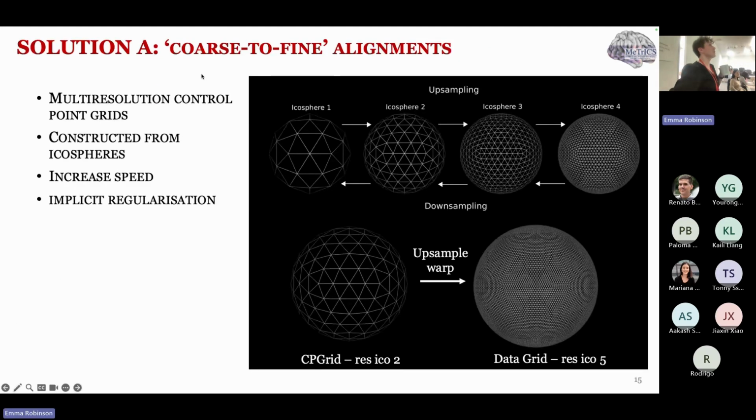So the first solution, which is common in volumetric registration methods as well, is that you instead frame your registration in a coarse-to-fine way. So you create control point grids. In the volume, they're low resolution Euclidean grids, and in the sphere, they're these icospheric grids.